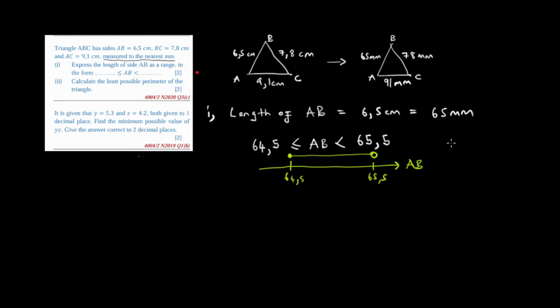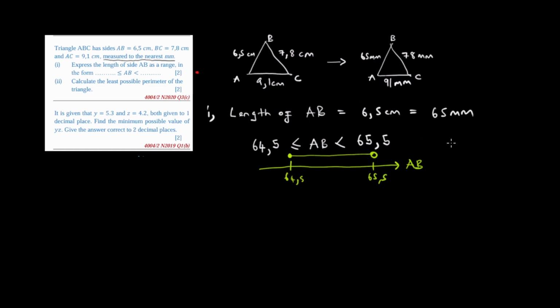That is the smallest number we can round off to the nearest millimeter giving 65. But for the upper number, the trick is that where it says AB is less than, AB should be less than 65.5. We are looking at values like 65.49, going up toward 65.5 but not reaching 65.5.